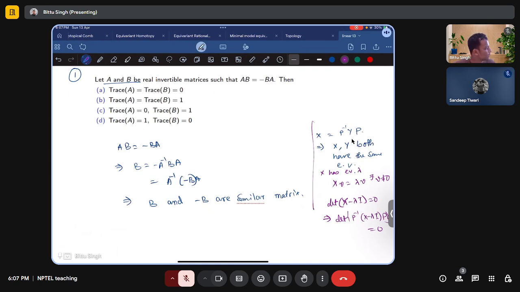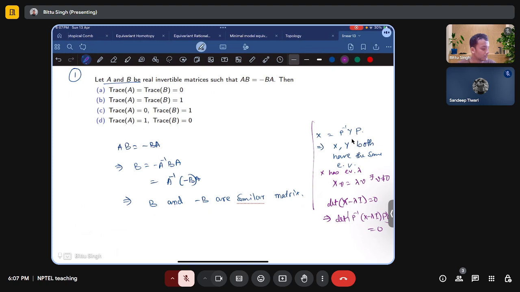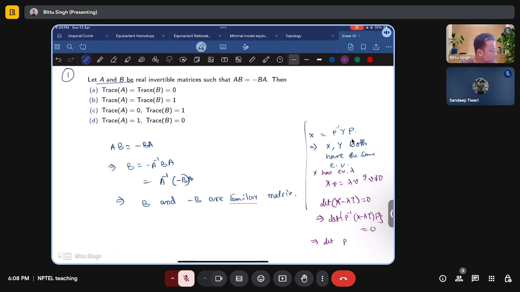The determinant of P inverse and determinant of P will cancel each other, so both are the same. Now, this determinant being 0 will imply determinant of P inverse XP minus lambda I is 0, because P inverse P will cancel. Therefore, P inverse XP has the eigenvalue lambda.